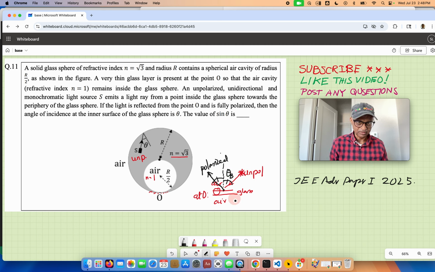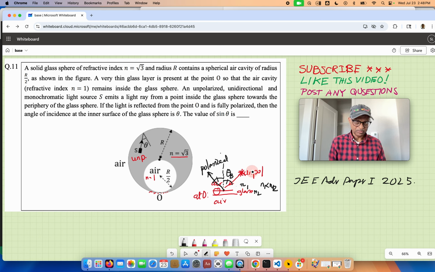This is the incidence angle where you have n1 and n2, and in that case it will polarize at a particular angle.